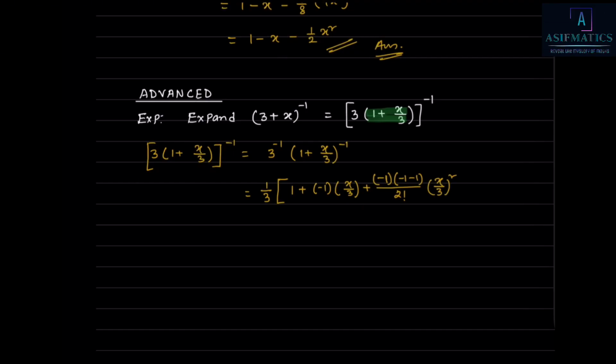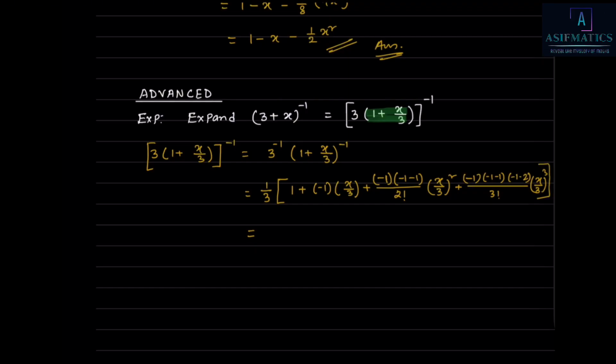Similarly, we can write plus n into n minus 1, n minus 2 by factorial 3 x cube, that means x by 3 whole cube. So if we now simplify, our binomial expansion is finished already.